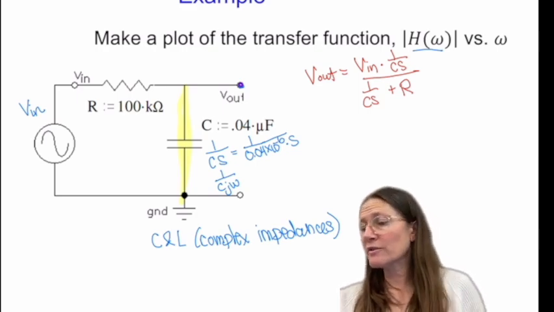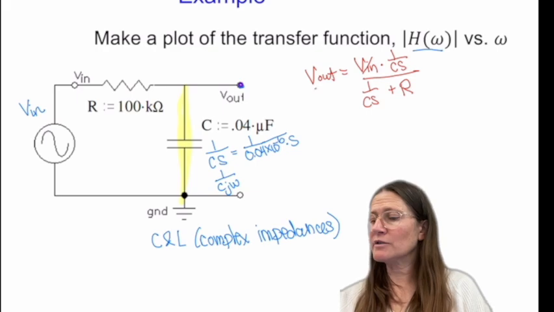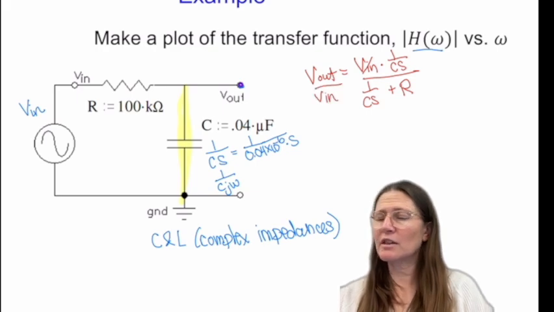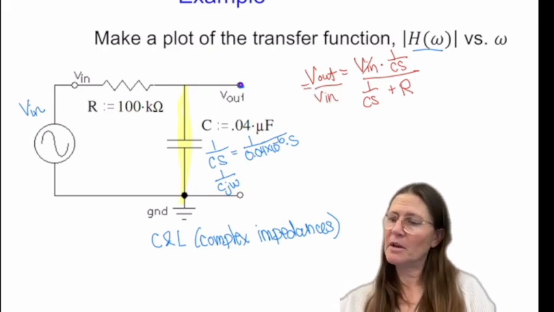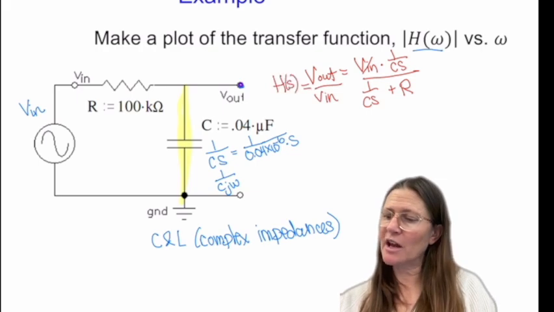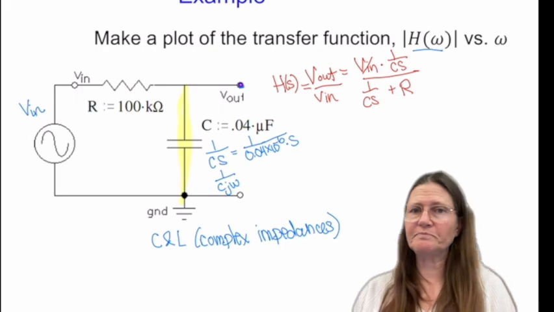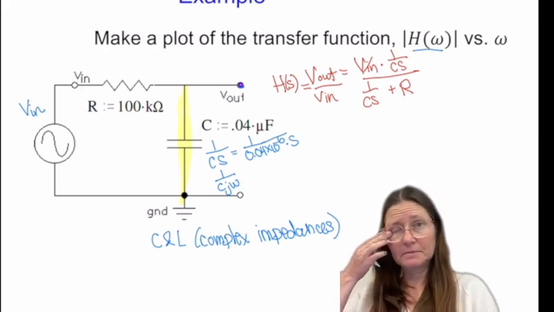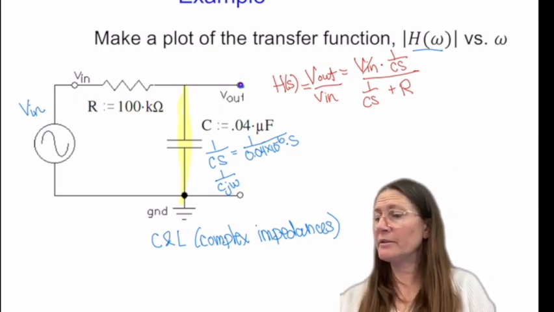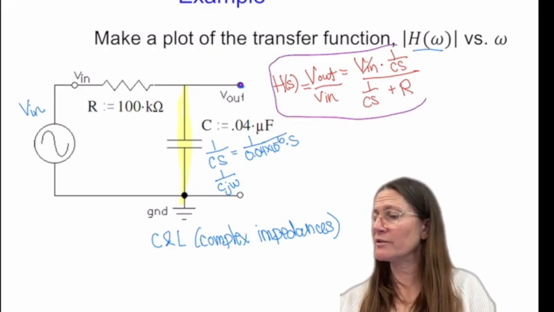To get the transfer function, all you have to do is do a division, and there's my transfer function. This is a transfer function because I have it in terms of S. That's basically all you have to do to get the transfer function.